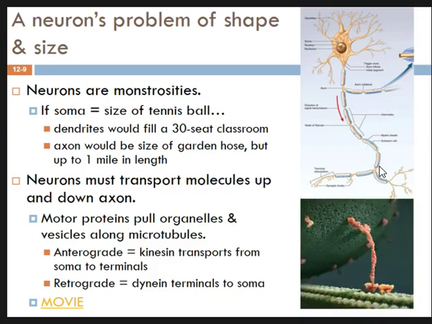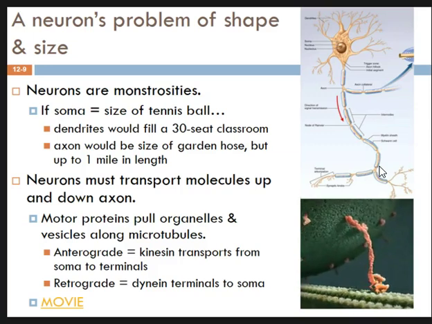So the result is that neurons are extremely reliant on really sophisticated transport systems. All eukaryotic cells have transport systems because our cells tend to be fairly large compared to bacterial cells, moving materials in and out, from the cell membrane down to the nucleus and back again. Neurons are no exception.